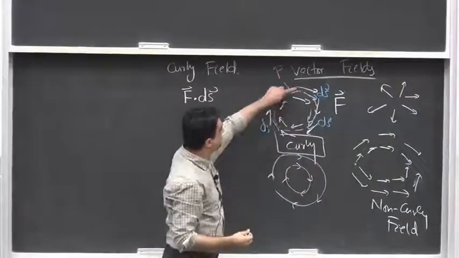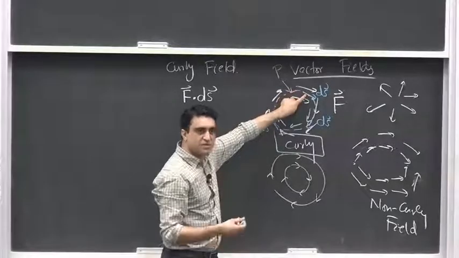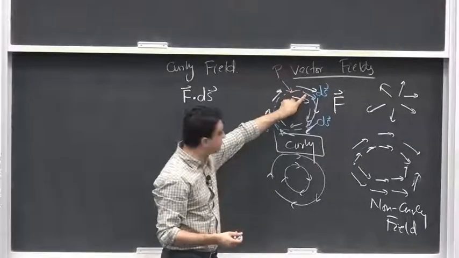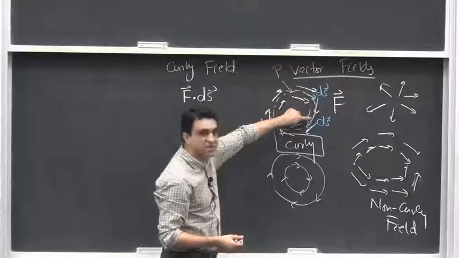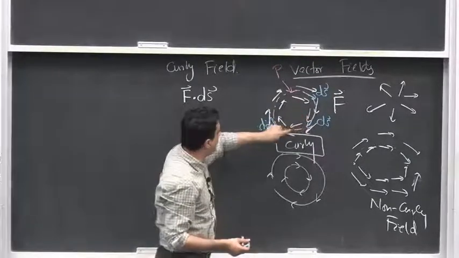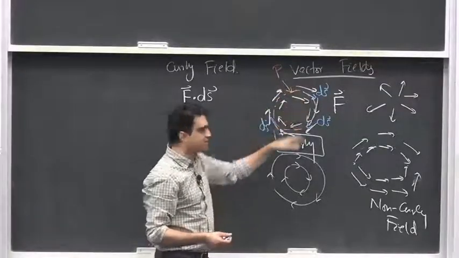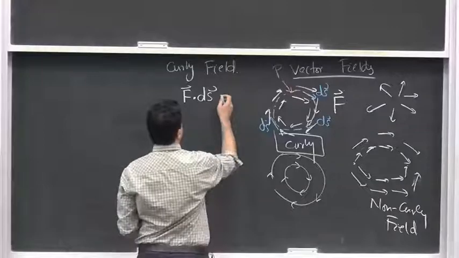If you take a dot product of this field vector with ds, you get a certain positive number because both are in the same direction. Again, you have the field in the same direction as ds, so you get again a positive number. You add up doing this, and overall you get a positive number.